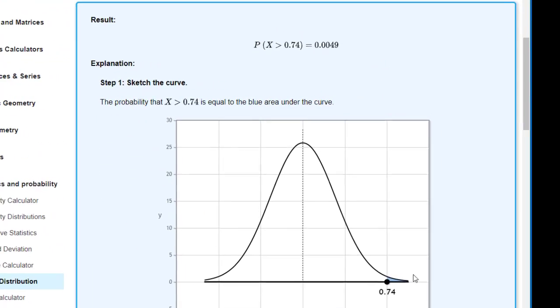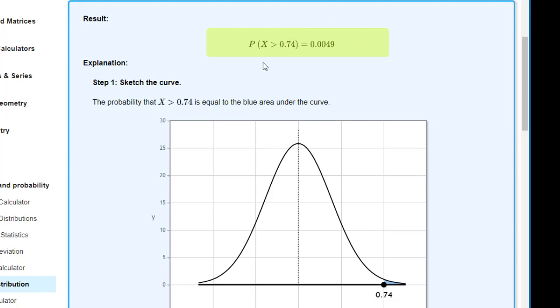Look at this right here, it's saying the probability of getting a score that is greater than 0.74 is 0.0049. And as you can see over here, this is a very, very tiny amount. Now we had set the alpha at 0.1, and because the probability of getting that p-hat is smaller than the probability that we were willing to risk, which was the 10%, our stated alpha, we have enough evidence that we can confidently reject the null hypothesis.